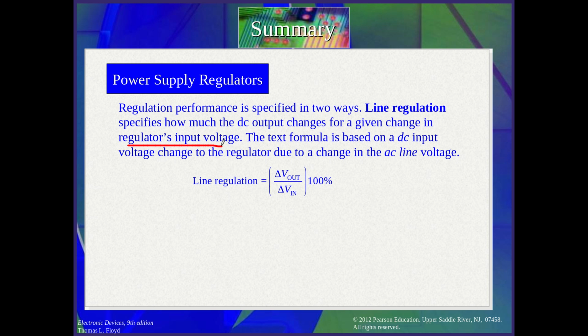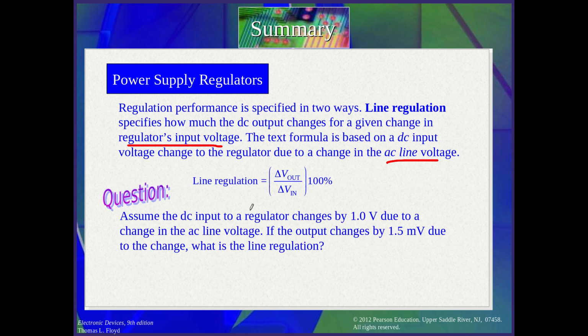Okay, so it's based on the DC input voltage change to the regulator, due to the change in the AC line voltage. So it is measuring how much line regulation you have.